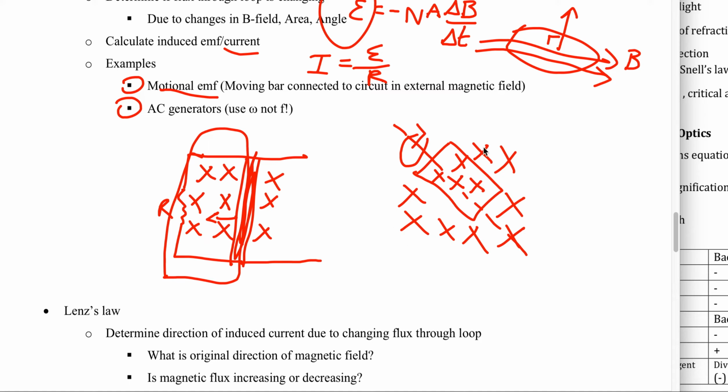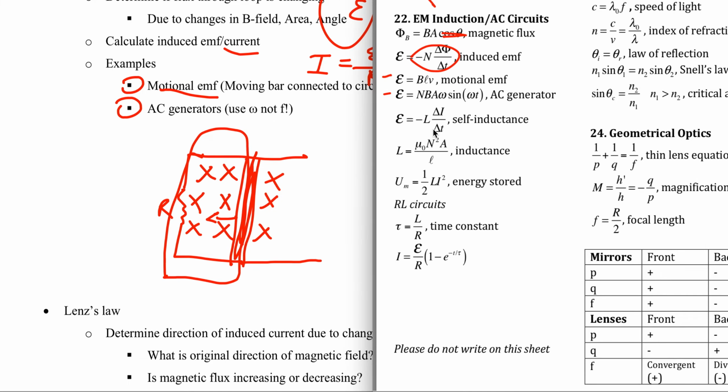So this is another way that the field can change through the loop, changing the flux, and we can go straight to using this equation to give us the maximum EMF induced in this loop. If it's asking for the maximum, then you just cross out the sine. And you just need to know how fast that loop is rotating.